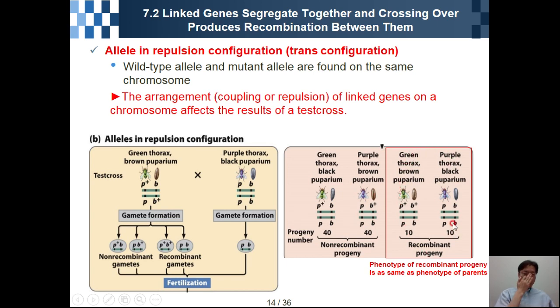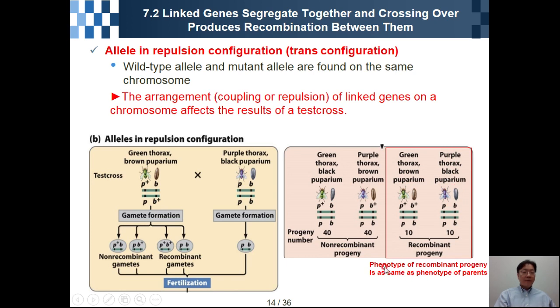So after recombination happens like this, P plus B plus is dominant, then small p and small b. So the phenotype is green thorax and brown puparium. How about this one? This one is small p, small b, purple thorax and black puparium.